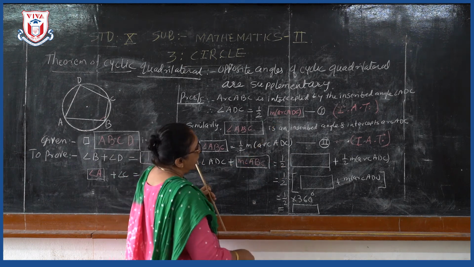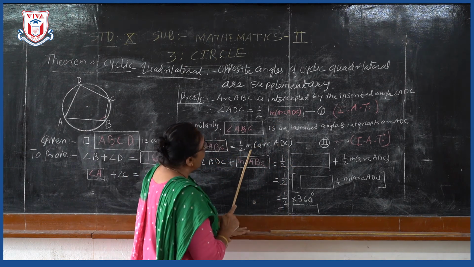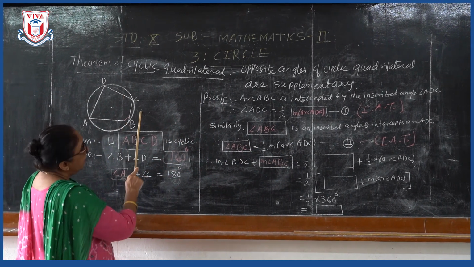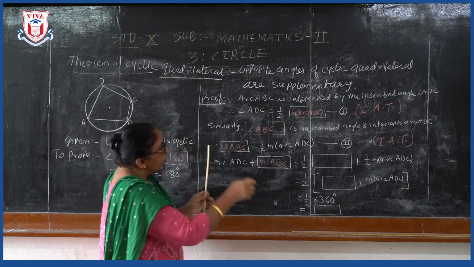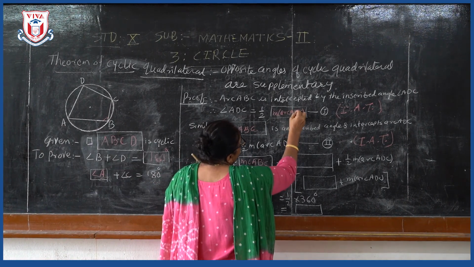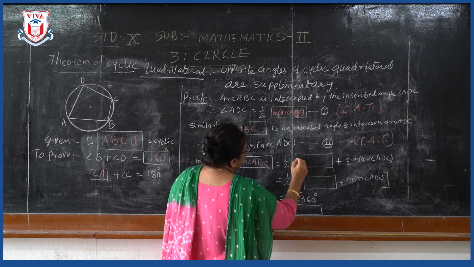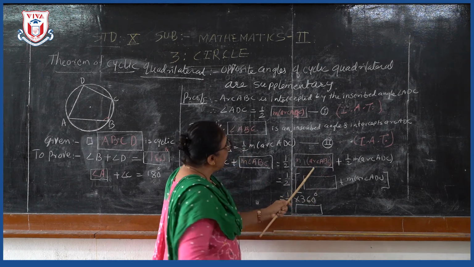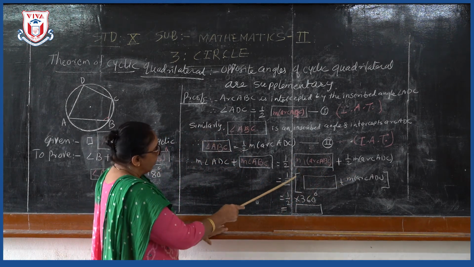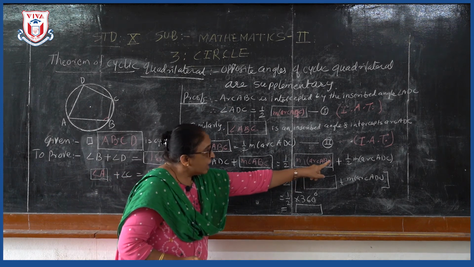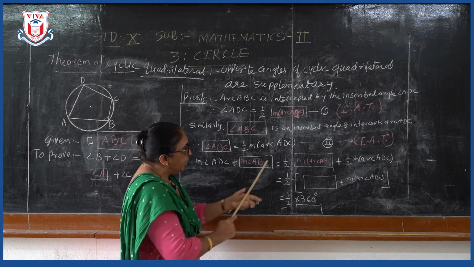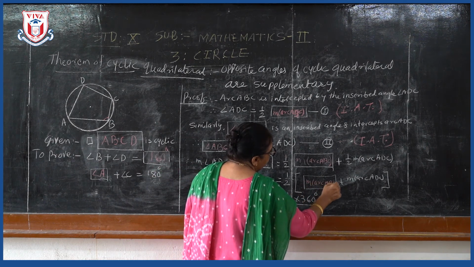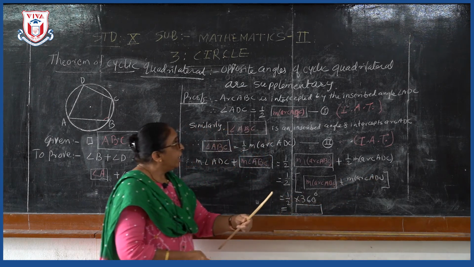Half major arc ADC plus half major arc, just a minute, angle ADC is half major arc ABC. Here it should be ABC. So, here half major arc ABC plus half major arc ADC. Now, this half is taken common here, and inside the bracket we will get major arc ABC plus major arc ADC.